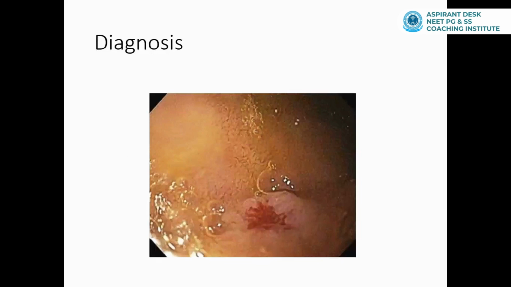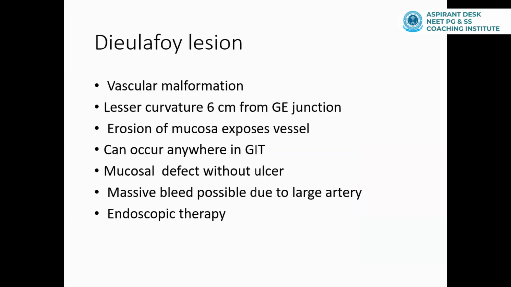And this is another endoscopic picture of a patient with a UGI bleed. This patient could present with a massive GI bleed. This is a case of Dieulafoy lesion. It is basically a vascular malformation present in the mucosal aspect, usually in the lesser curvature, 6 cm from the GE junction. Erosion of the mucosa exposes the vessel. It can occur anywhere in the GI tract, but the most common site is the lesser curvature.